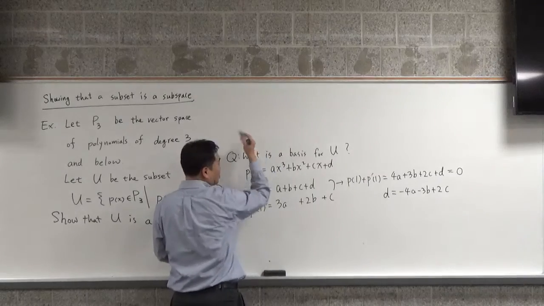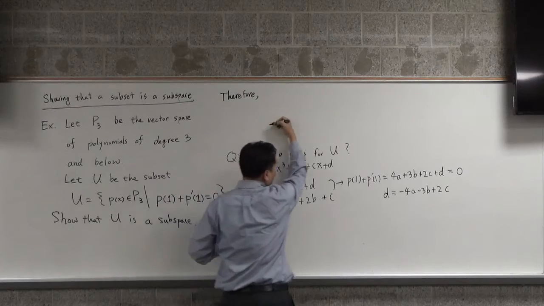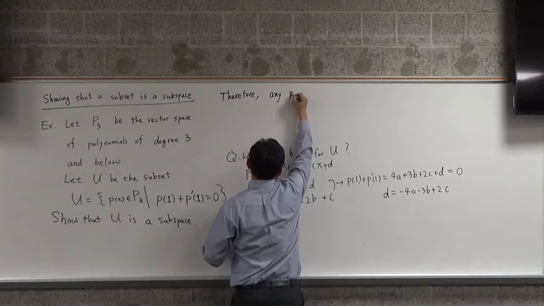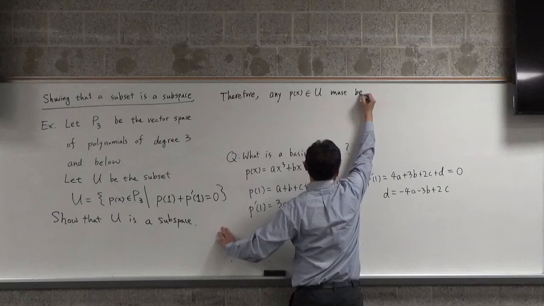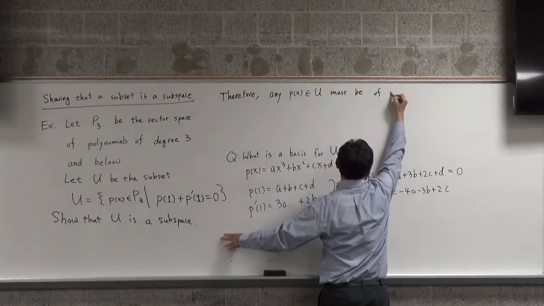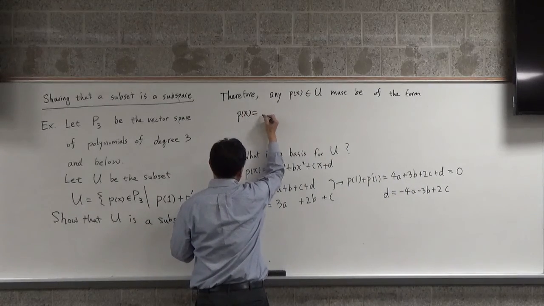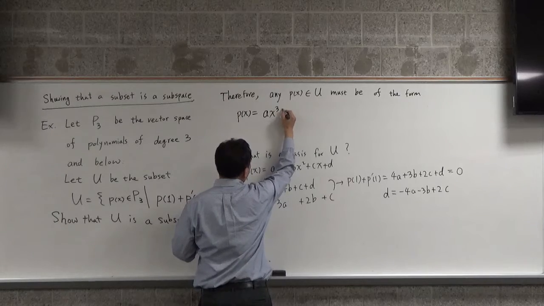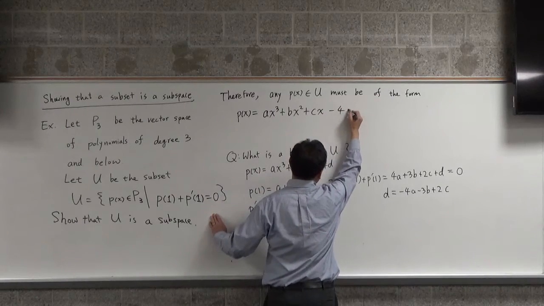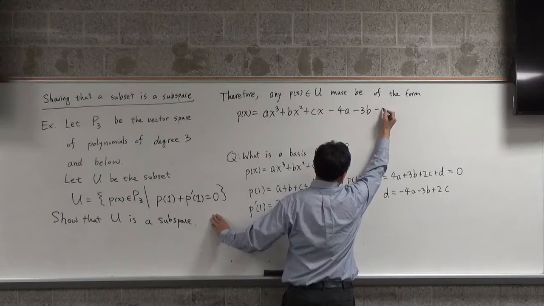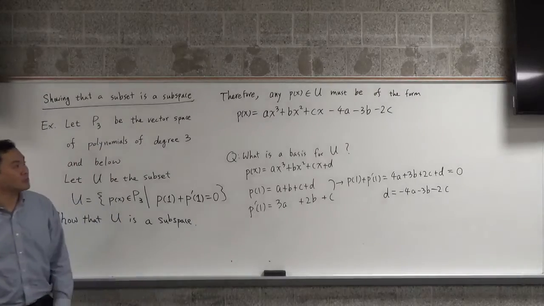So what we just proved is that, therefore, any p of x in U must be of the form p of x equals ax cubed plus bx squared plus cx, then minus 4a minus 3b minus 2c. Oh, made a mistake there. Okay?